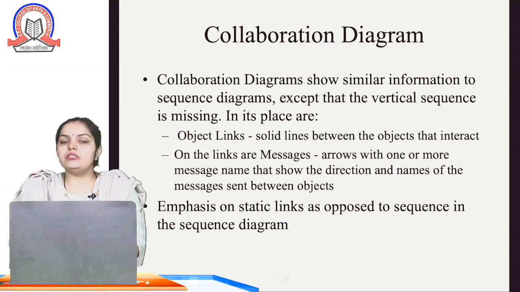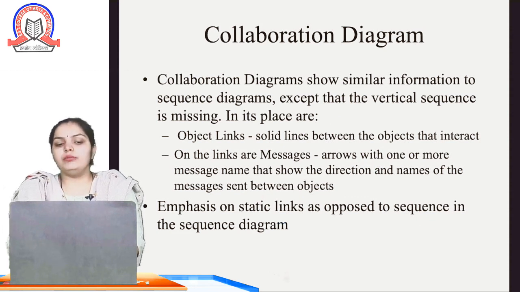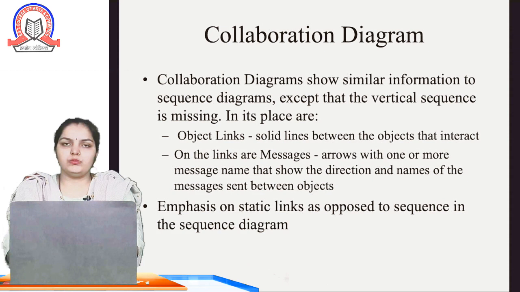So the next one is the collaboration diagram. The collaboration diagram is one type of interaction diagram only. It shows similar information to the sequence diagram, except the vertical sequences, means the activation bar is not there. Here we use object links, like solid lines between the objects that interact.